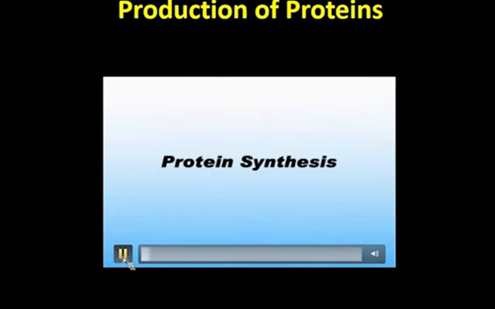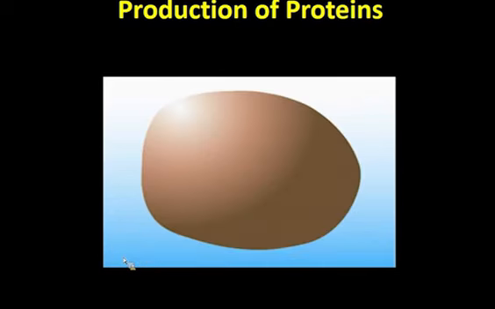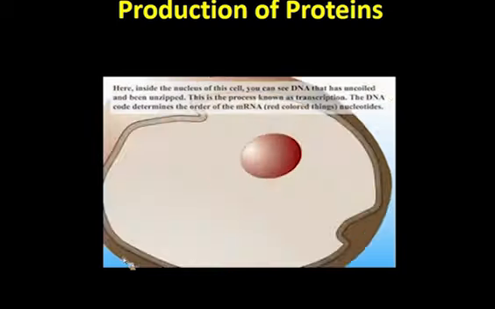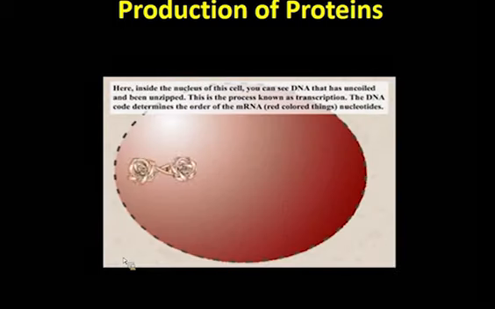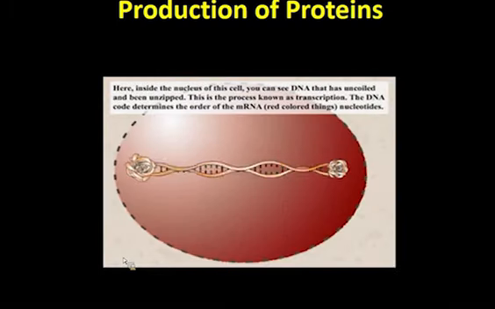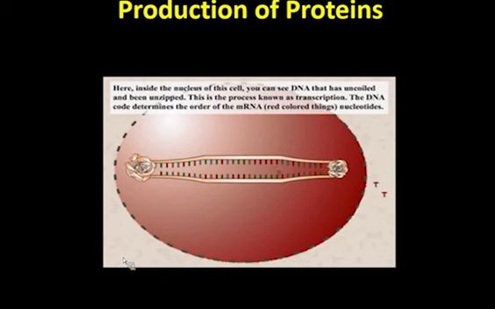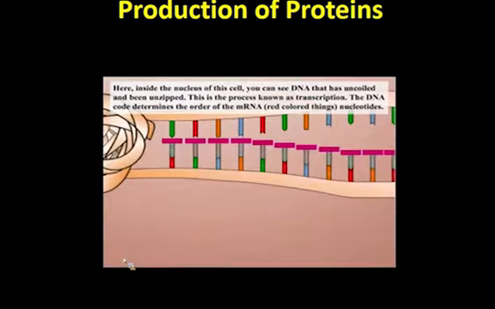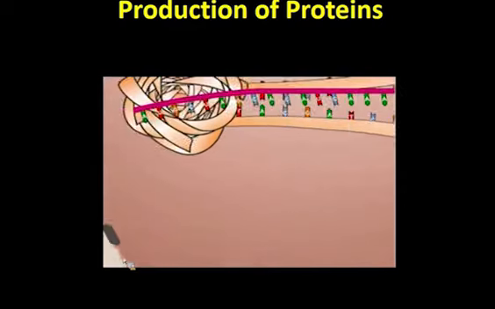So protein synthesis is an important part of sustaining life. Here is a cell, and inside the cell there's a nucleus, and you can see the DNA here. Our genetic code has been unzipped and uncoiled, and we are now transcribing essentially the DNA. The messenger RNA shown in red has been made.